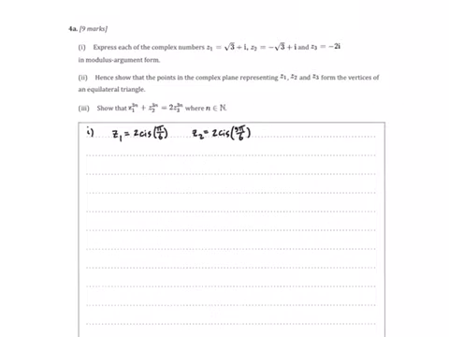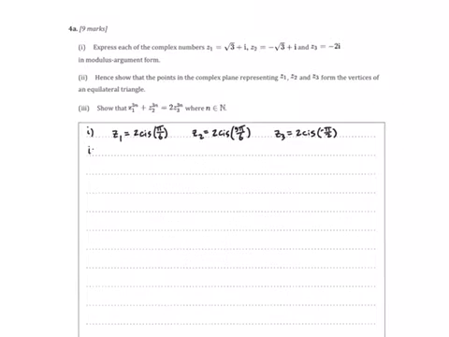All right, Z2 is 2 cis 5 pi over 6, and Z3 is 2 cis negative pi over 2. You could have 3 pi over 2 as well, and that would work. No problem. All right, number 2.